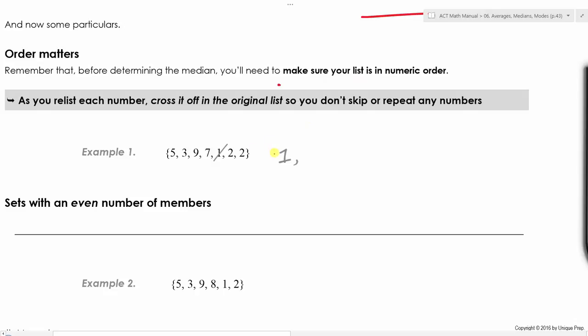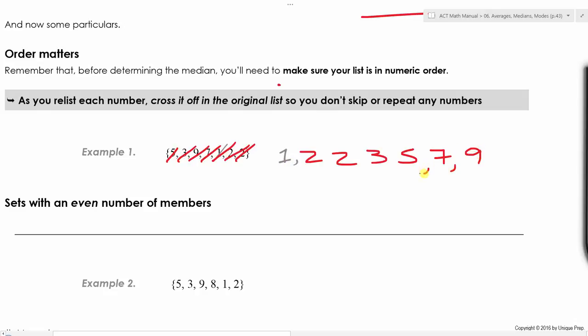And I suggest when you do so that you use this crossing off method. In other words, if you've got a set like in example 1, you would list the 1, cross it off of the original list. List a 2, cross it off. List another 2, cross it off. List the 3, cross it off. List the 5, cross it off. List the 7, cross it off, and list the 9, cross it off.